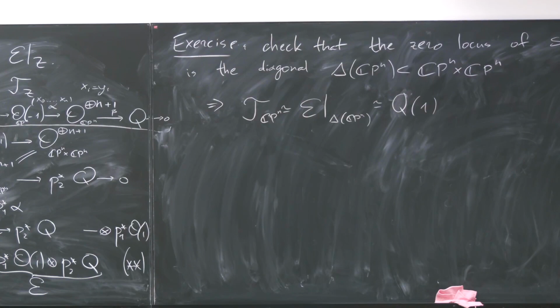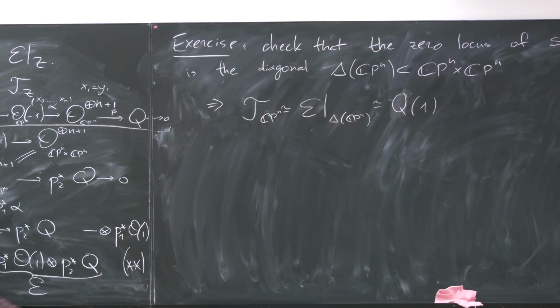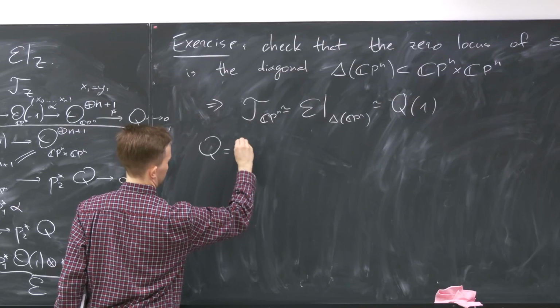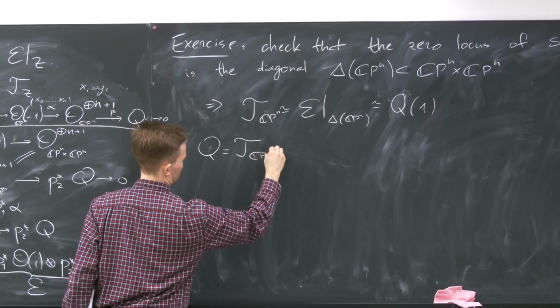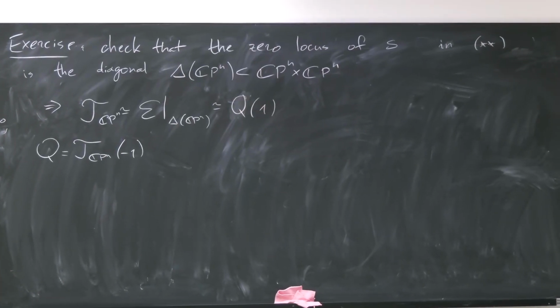Okay. So the conclusion is that Q is T, the tangent bundle, twisted by -1, and then we get this Euler sequence.